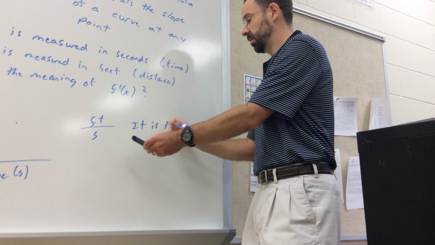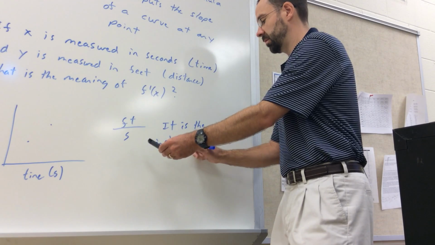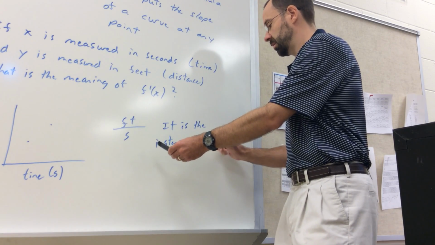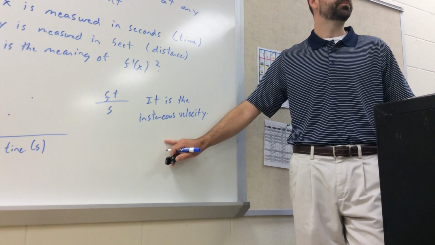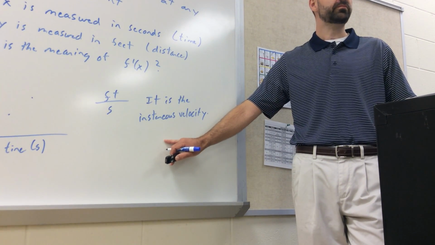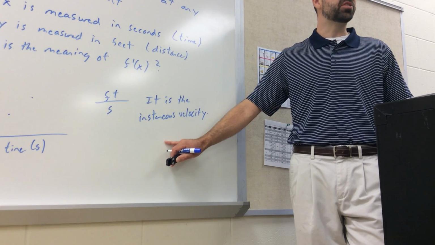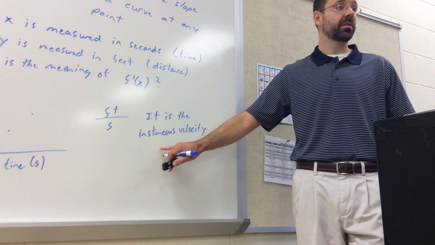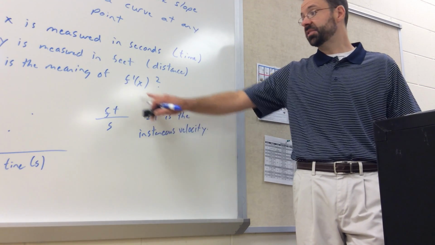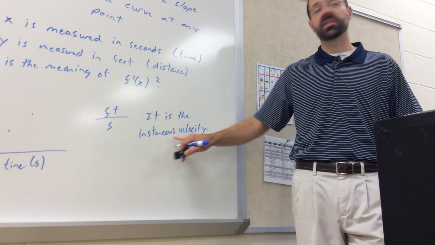It is the instantaneous velocity. If we did an average rate of change, then it would be the average velocity. But since we did the instantaneous rate of change, since we did the derivative, then it's the instantaneous velocity.